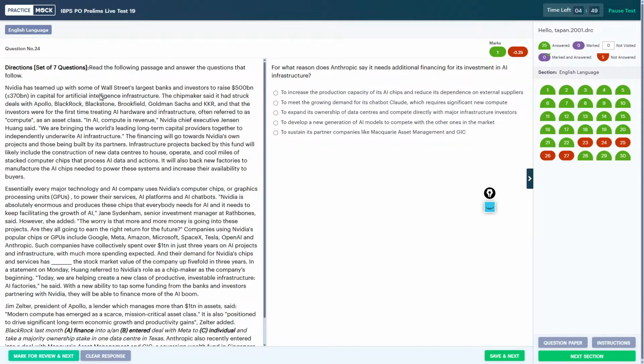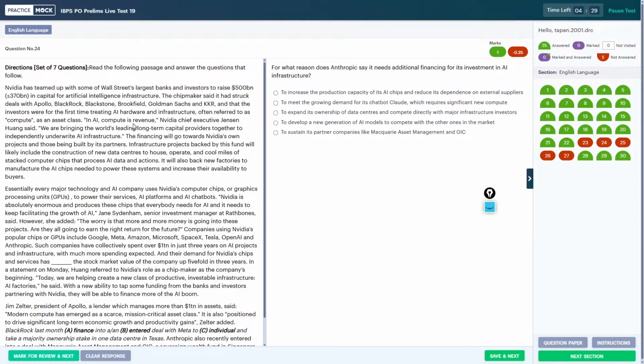Nvidia teams up with Wall Street's largest bankers on capital for artificial intelligence. The chipmaker said it has struck a deal with Apollo, Blackstone, KKR and other investors, for the first time treating AI hardware and infrastructure, often referred to as compute, as an asset class.